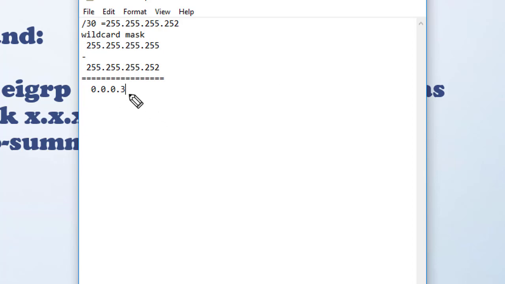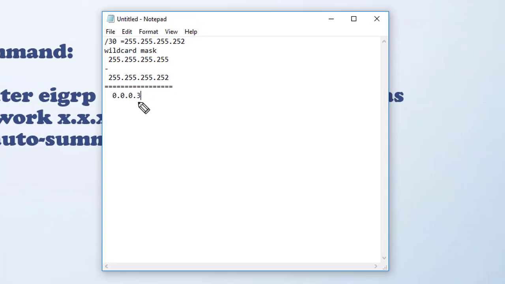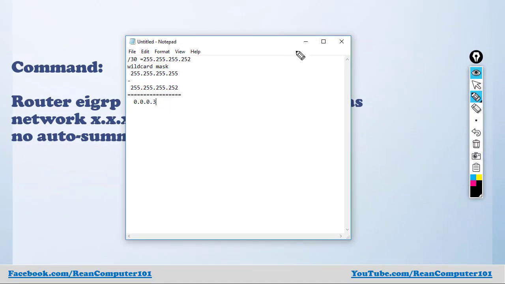So 0.0.0.3 is the wildcard mask of the /30. This is what we have to type in the router.